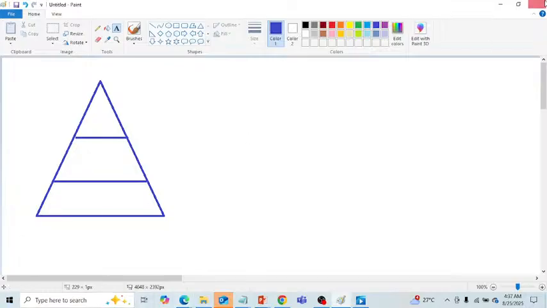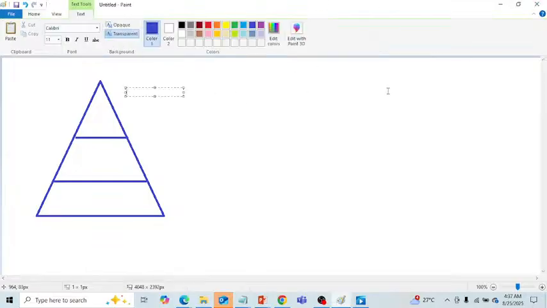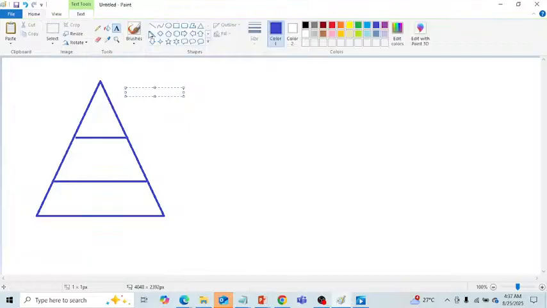So first we will write what is the use of EPM here.